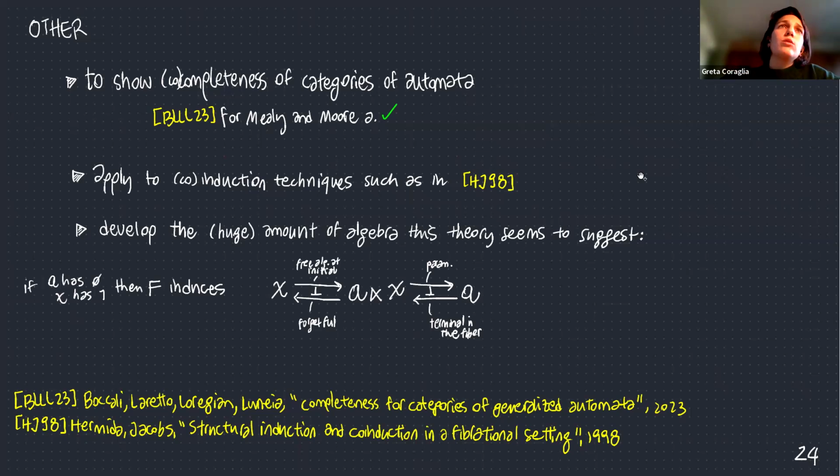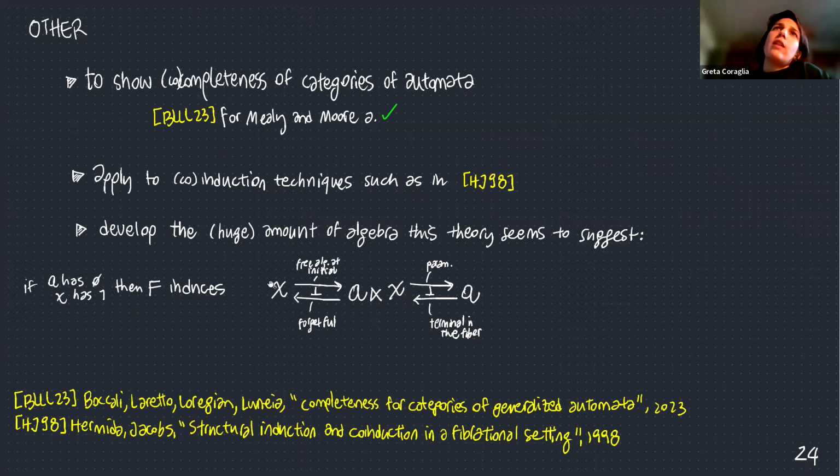In particular, we noticed something at some point. If you assume that the category of parameters has initial objects and the category of endofunctors has a terminal object, then you can induce two adjunctions. Of course, the ones going outwards are the forgetful functors.